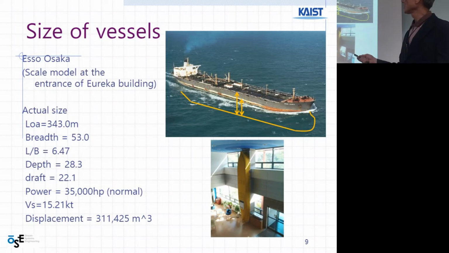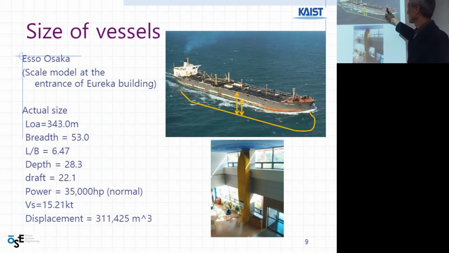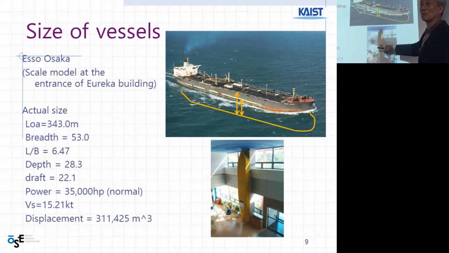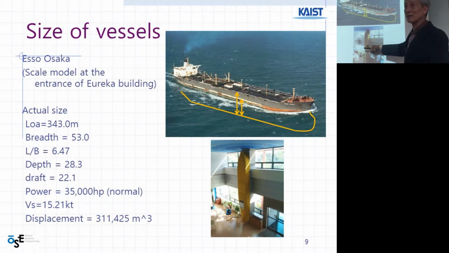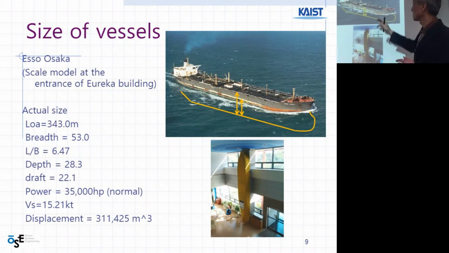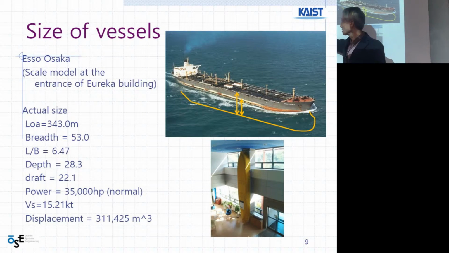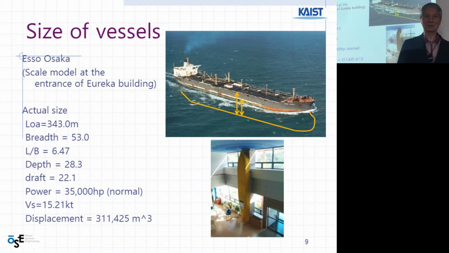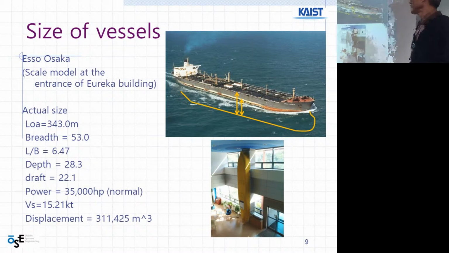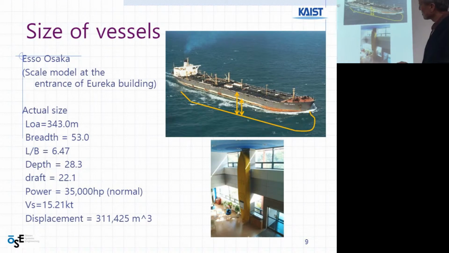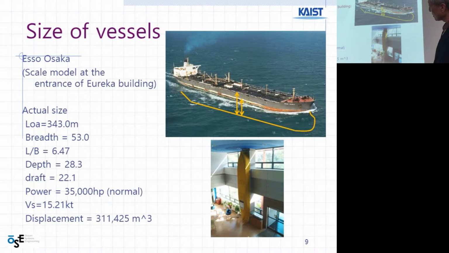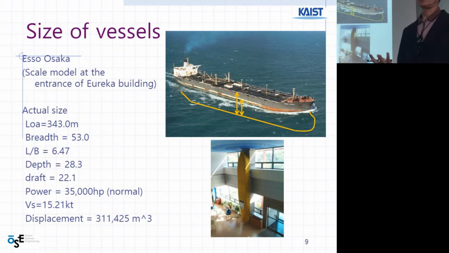And this is a scale model. It means the real ship is larger, and this is a scaled down ship, but still big, right? The real ship is more than 300 meters. Draft, power, speed and displacement. This is scaled down for experiment.